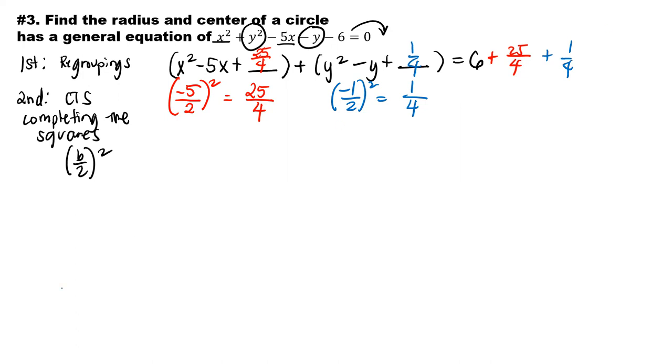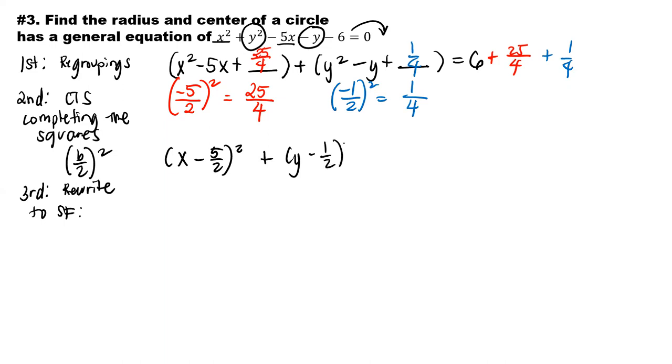Then after this, the third step na tayo. So rewrite, to get the standard form. So magiging x minus 5 over 2 squared plus y minus 1/2 squared is equal to the constant.